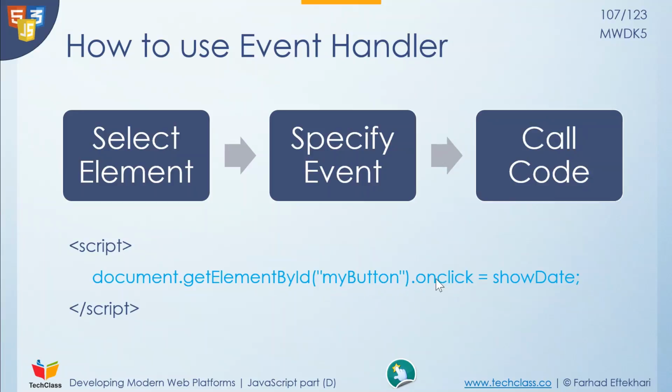And whenever this event happens, which is onclick, a click event for the mouse, as we earlier got familiar with, this showDate function will be executed. So now let's see it in a real life situation. Let's see how it works.